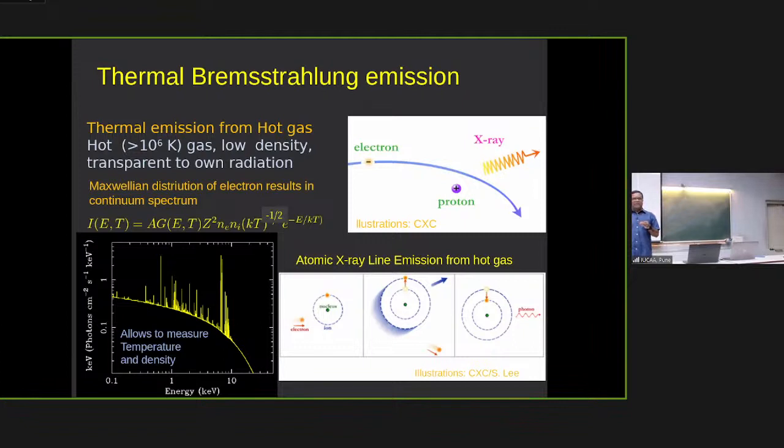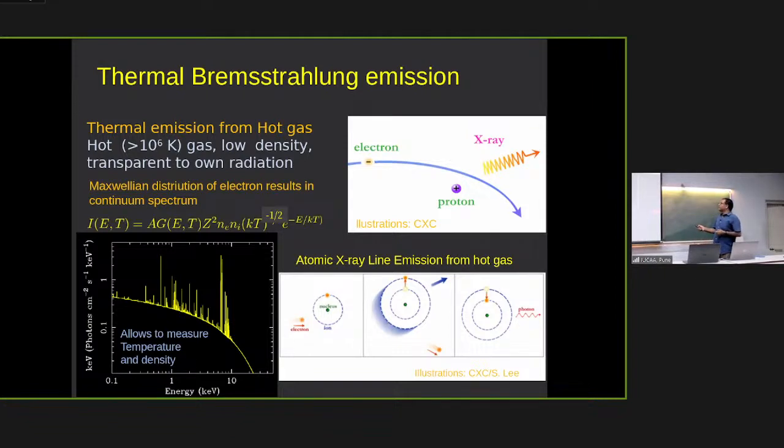In electrodynamics, if you have studied it, a change in speed means deceleration or acceleration, and accelerated charges radiate. So in this process, because of the Coulomb interaction between electrons and ions, the electrons get decelerated, changing direction and speed.